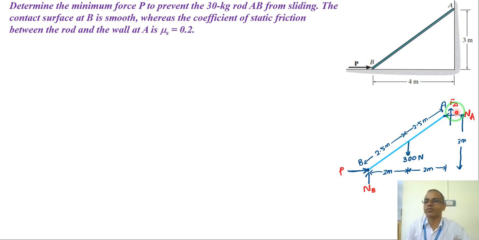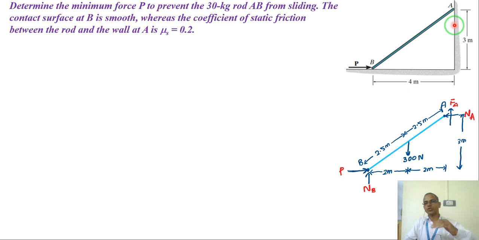Now apart from that, there is one more force, which is the friction force, FA. The friction force direction is important. For the direction of the friction force, we need to know the direction of the motion. The rod has a tendency to slide down, that means point A will come down.